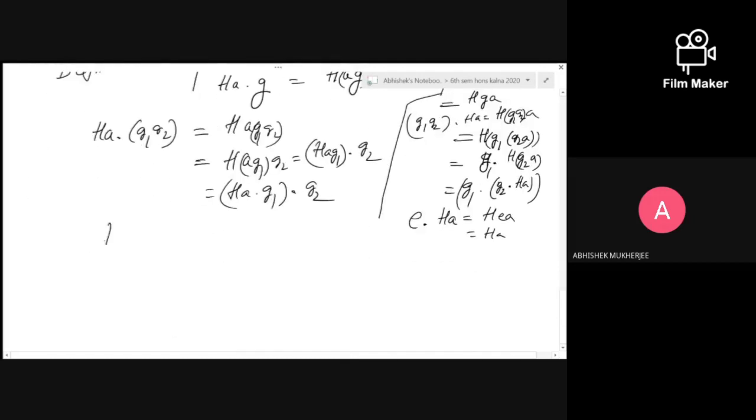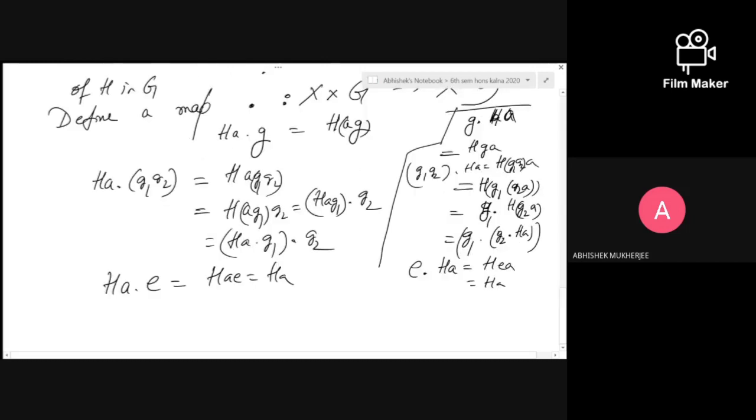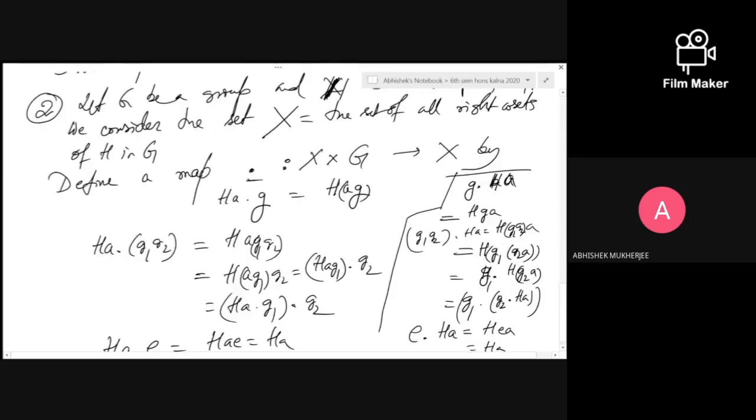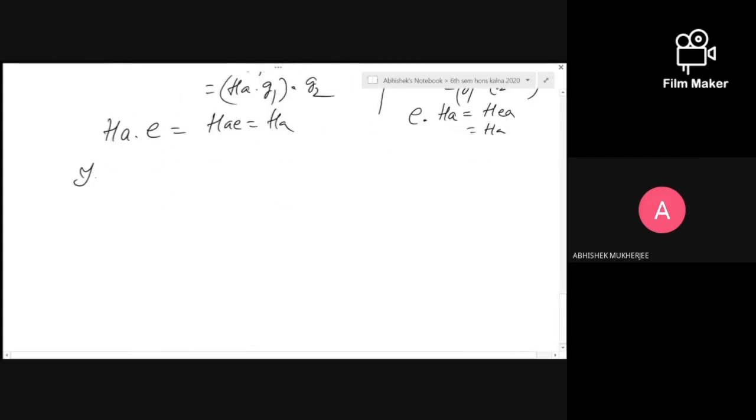And also for the identity, it will be Hae, so it is Ha. So this action is a right action of G on X.